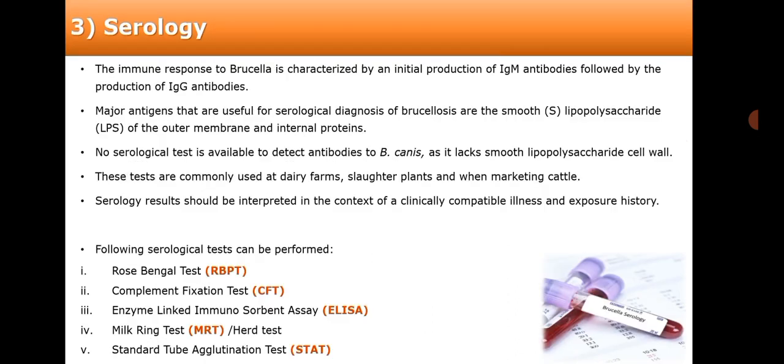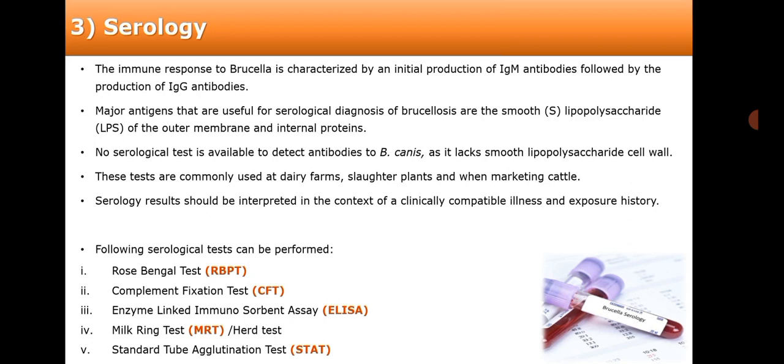No serological test is available to detect antibodies to Brucella canis as it lacks a smooth lipopolysaccharide cell wall. These tests are commonly used at dairy farms, slaughter plants, and when marketing cattle. Serology results should be interpreted in the context of the clinically compatible illness and exposure history.